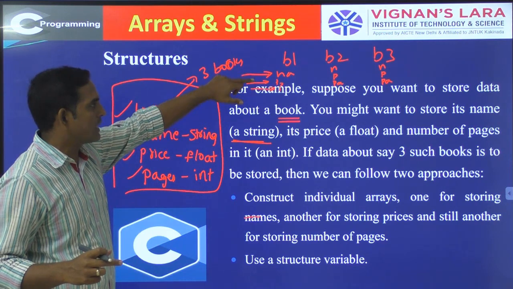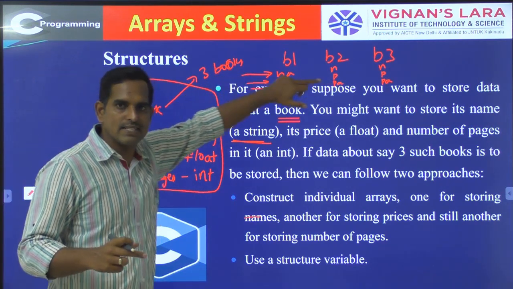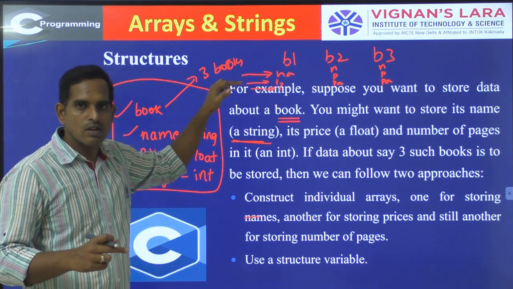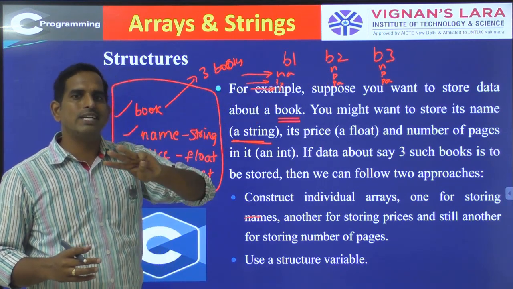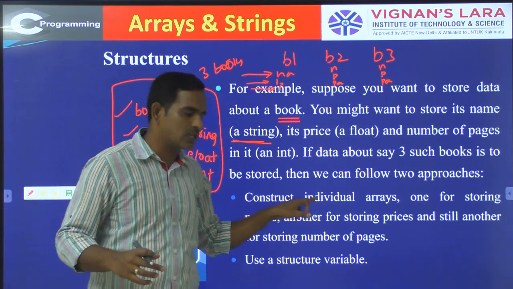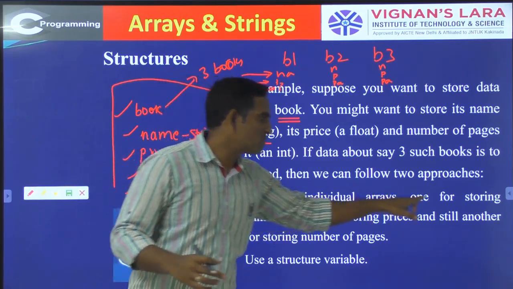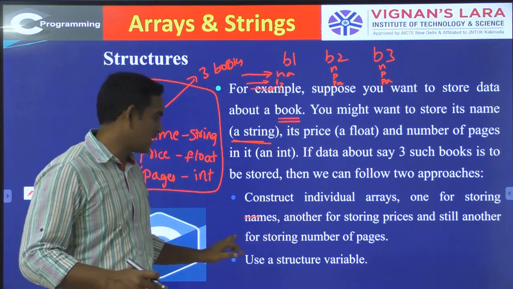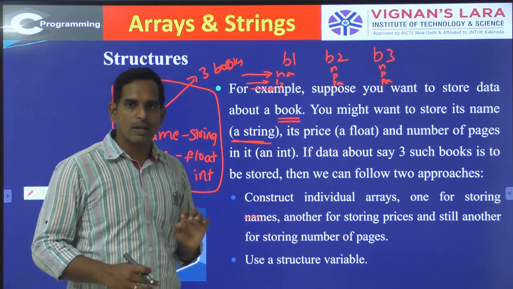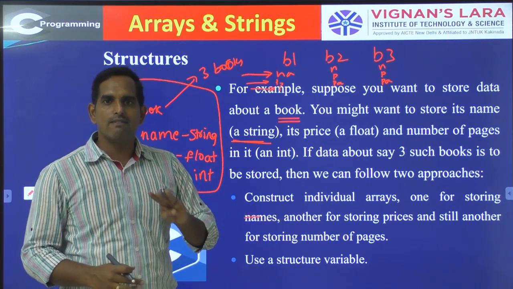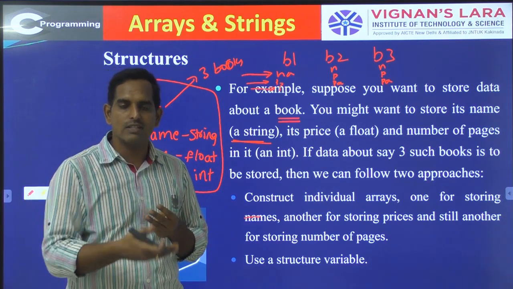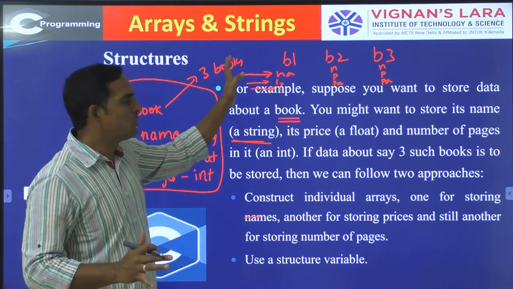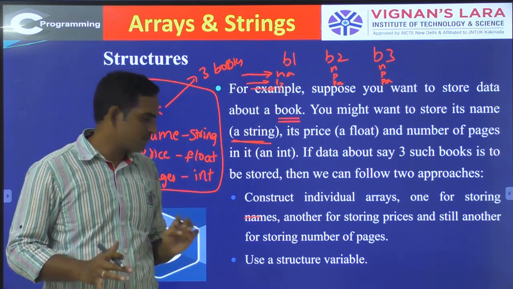I can use another array to store the prices and another to store the names. So you can use 3 different individual arrays, one for storing names, another for storing pages and another for storing prices. That is one way to implement this scenario of storing the information of 3 books.